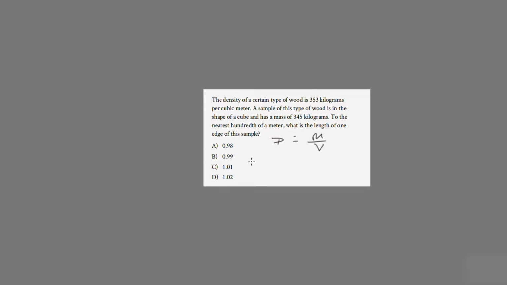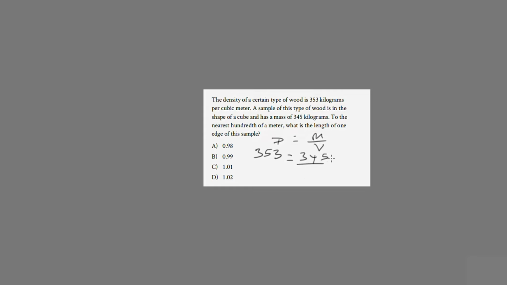So in this question, we have 353 equals the mass, 345, over volume.